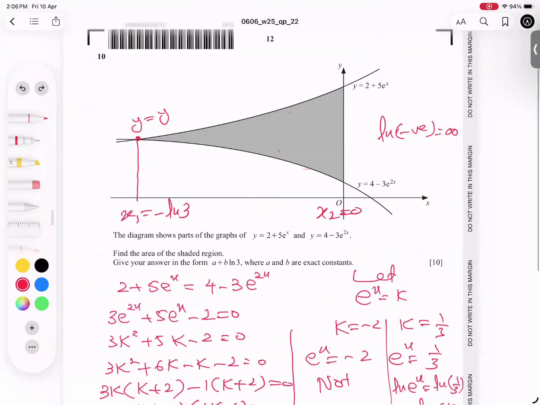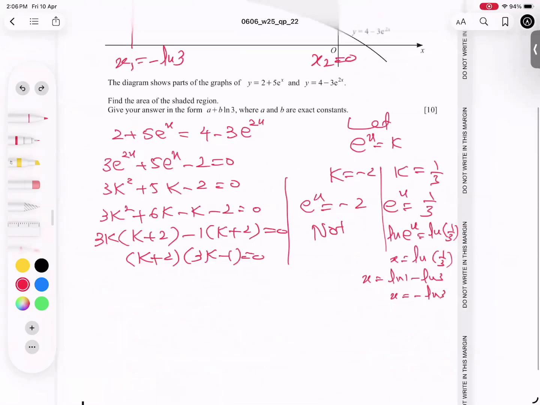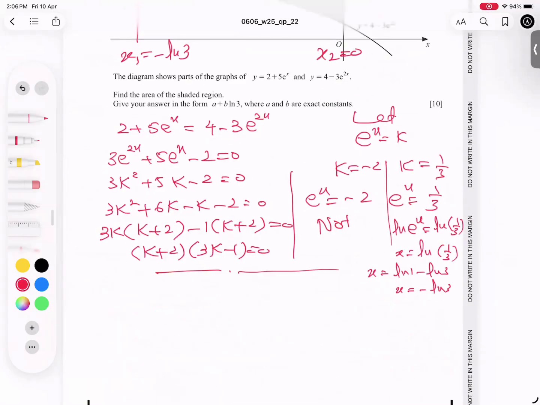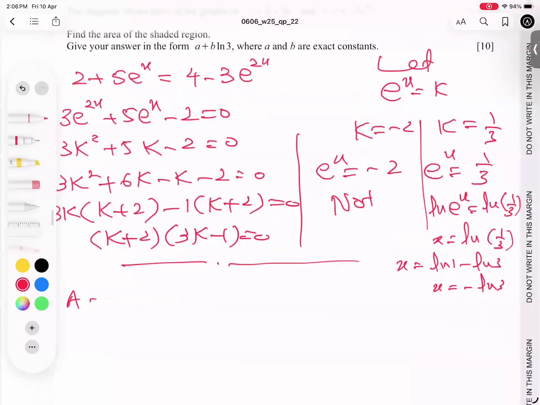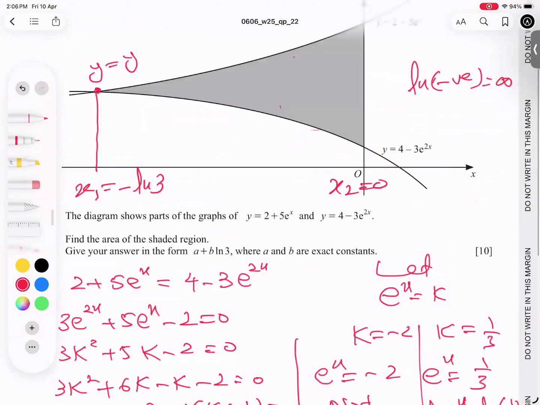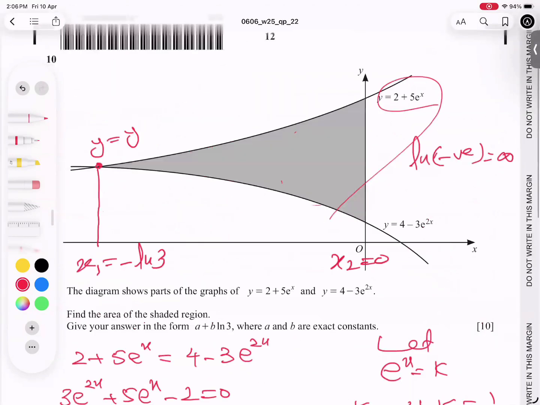So now I'm starting, and what is the way to do it? Area, lower limit negative ln 3, upper limit 0, and the upper curve is 2 plus 5 e to the power x, dx, minus, again the same limits, and this time I'm putting this one: 4 minus 3 e to the power 2x, dx.